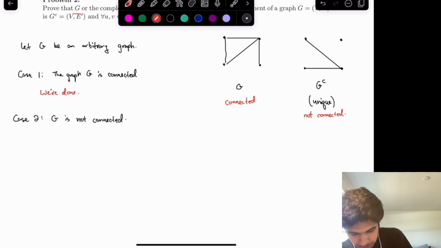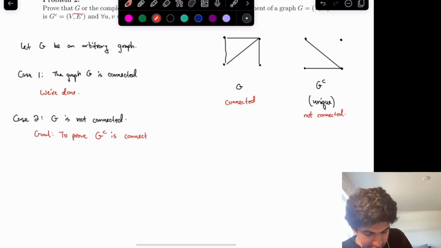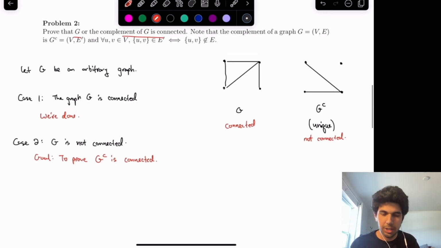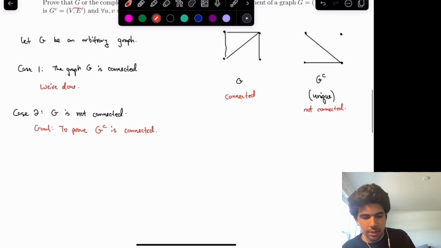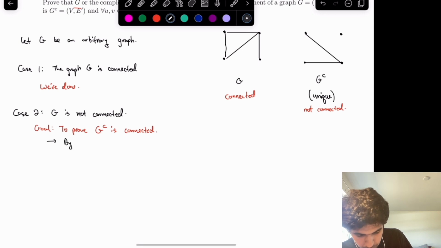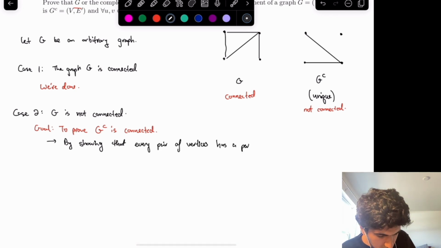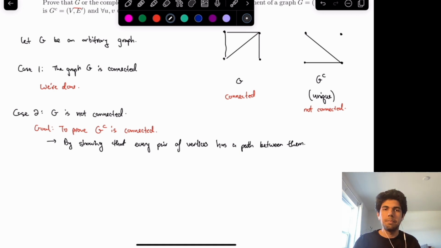So our goal here is to prove that G complement is connected. That's what we need in order for the proof to be valid, for this claim to be true. We must show that G complement is connected. How do we show that something is connected? We do this by showing that every pair of vertices has a path between them.